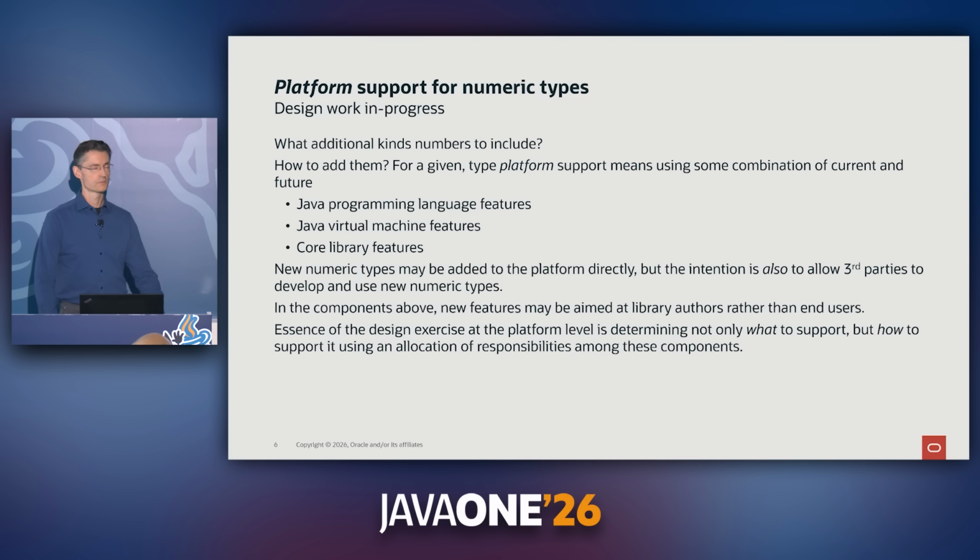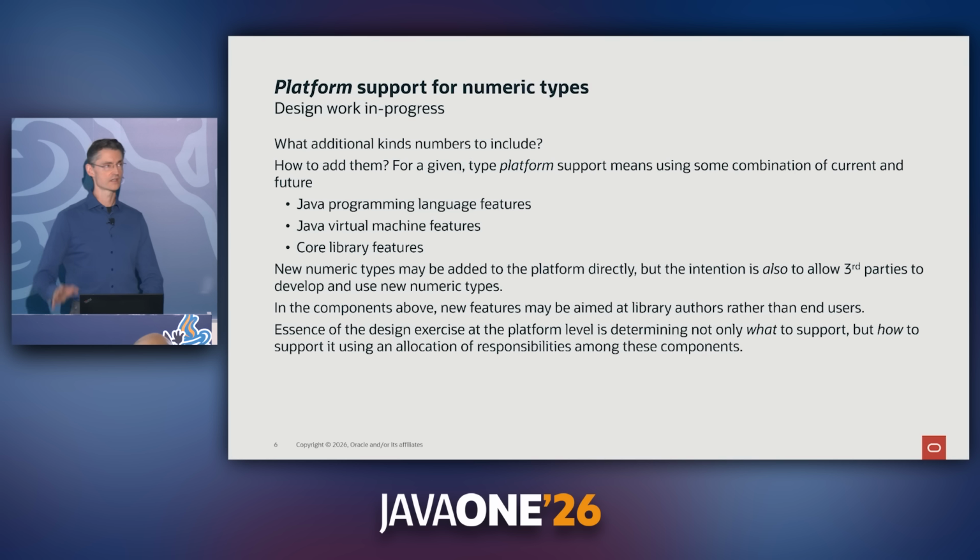So platform support for numeric types involves a number of different aspects. One is deciding what additional kinds of types to include in the platform itself. And then if they are added, what aspects of the platform are used to support them? Are there new language features to support the types? Are there new virtual machine features? Are there core library features?